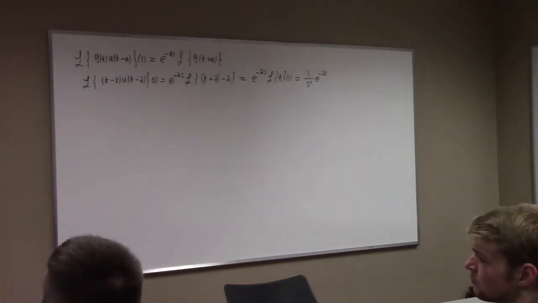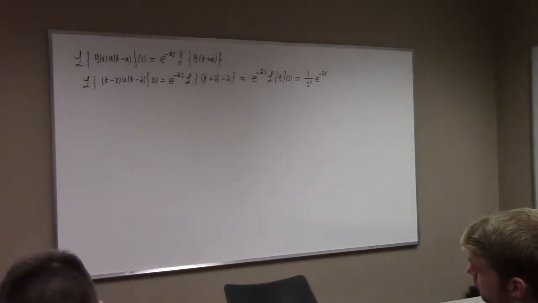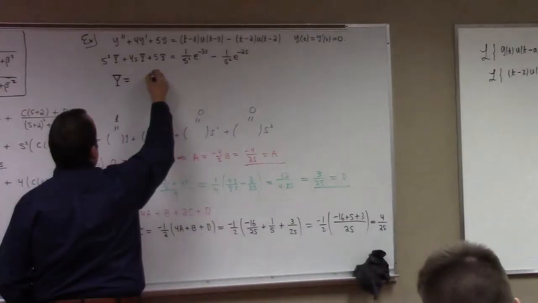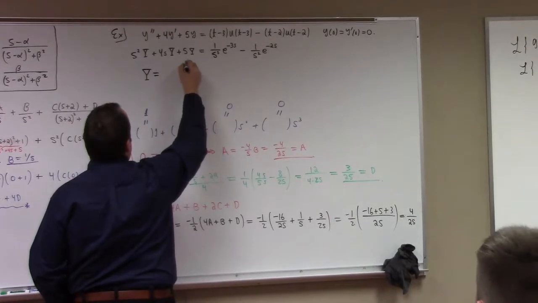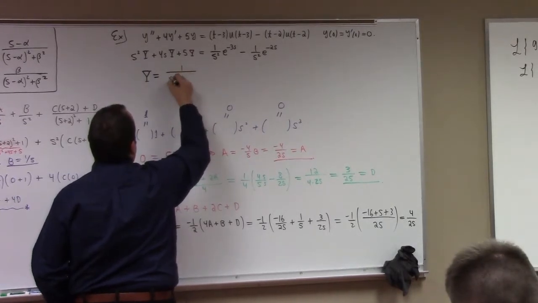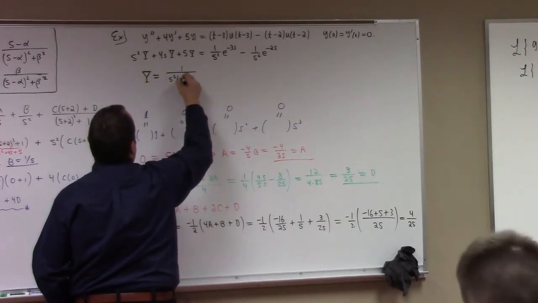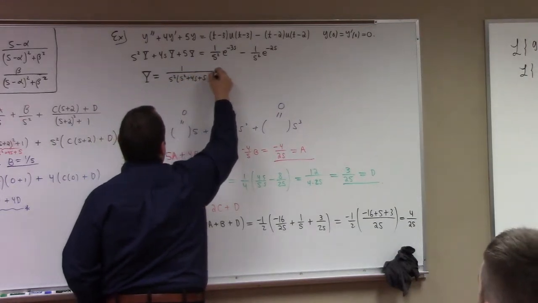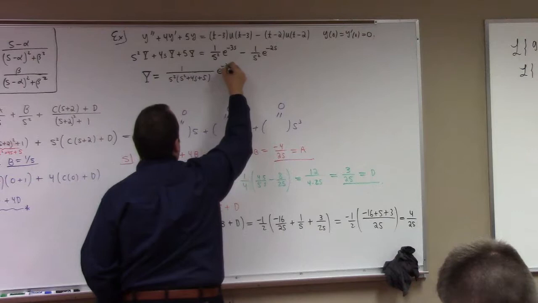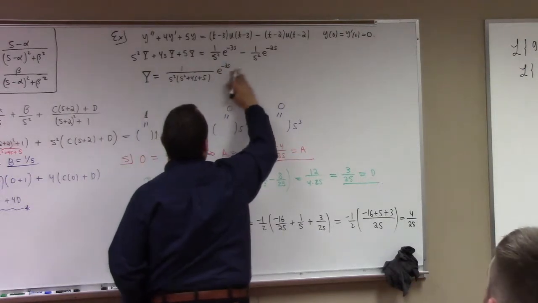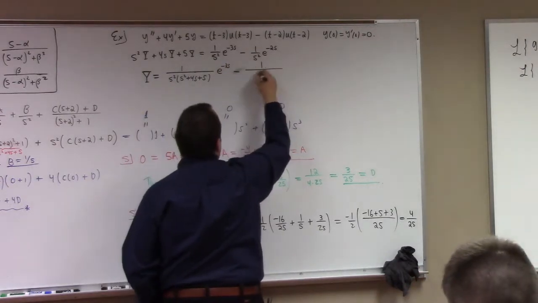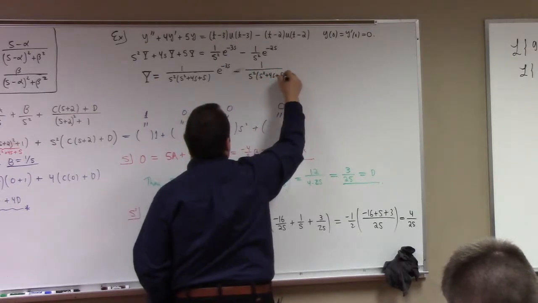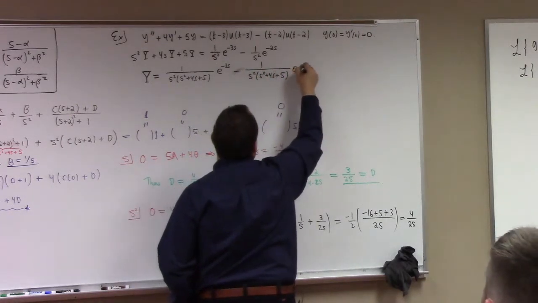Now we solve for big Y. And this gives us big Y equals, well, 1 over s squared times (s squared plus 4s plus 5) e to the minus 3s, right? Plus, well, minus 1 over s squared times (s squared plus 4s plus 5) e to the minus 2s.